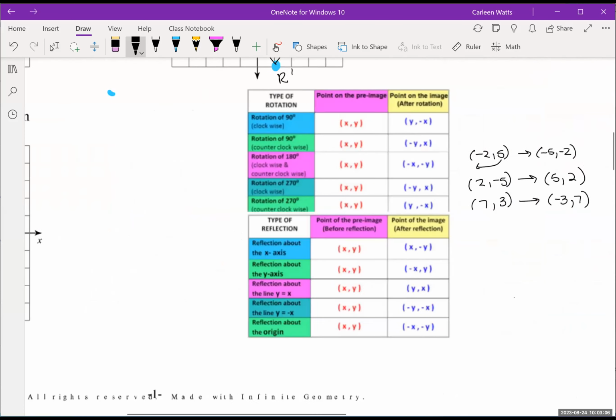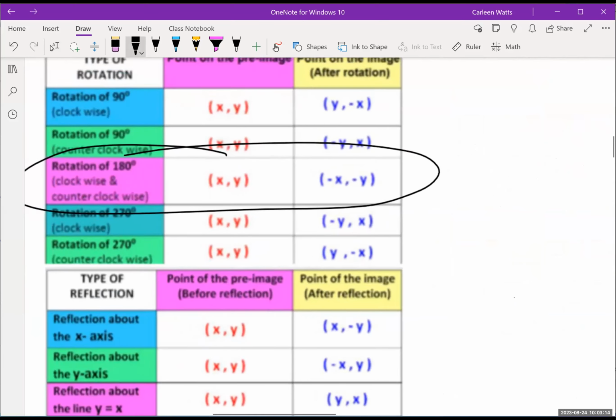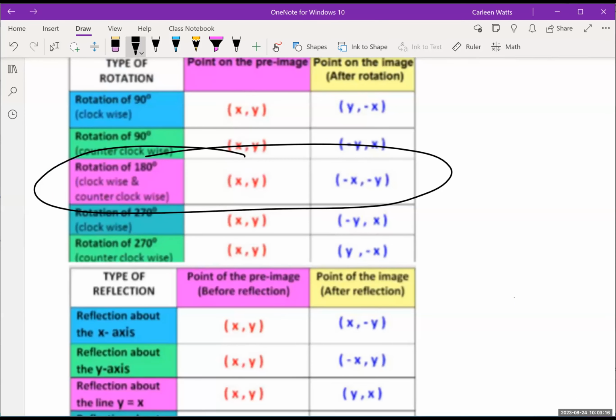Okay, so let's look at this. Rotation 180 degrees, counterclockwise or clockwise, it doesn't matter. So XY becomes negative X, negative Y. Notice X and Y do not switch places. All they do is both change signs.